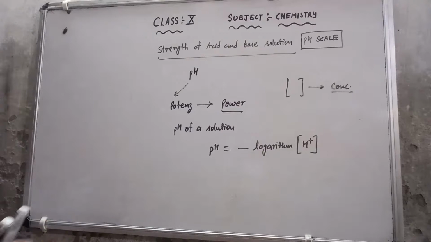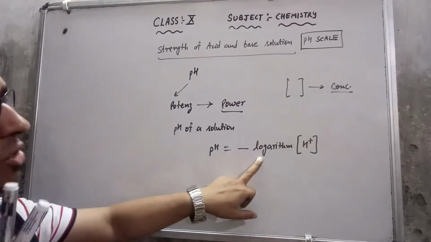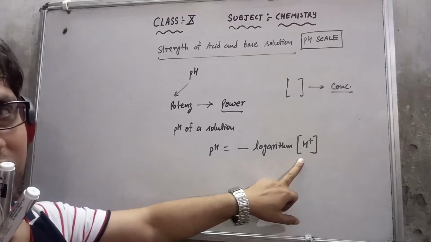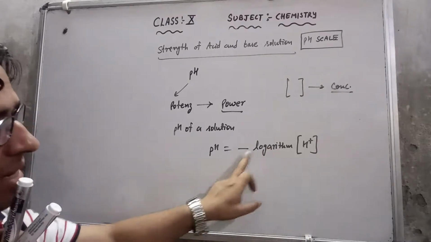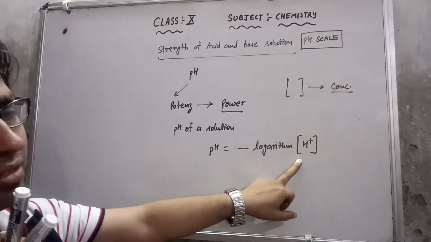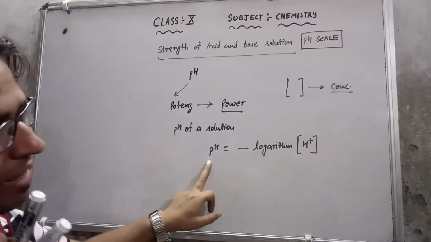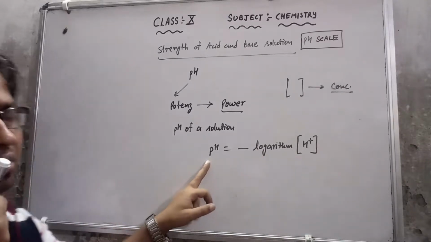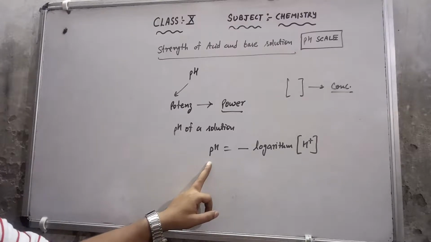So I can define it: the negative logarithm of hydrogen ion concentration is known as the pH of a solution. This is a very simple definition of pH.